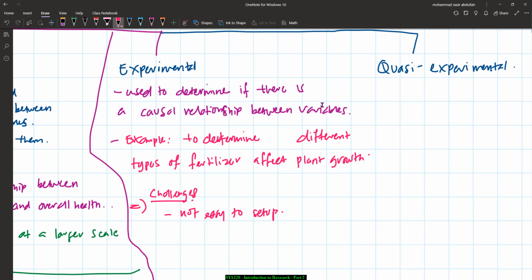So that's why, since we have a limitation to control the group in the study, normally the sample size will be very small, right, for this research design.